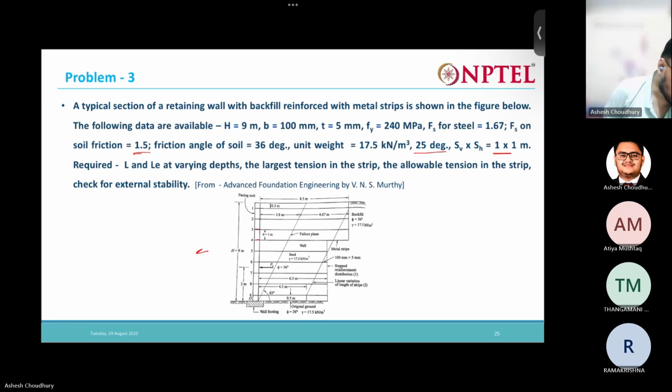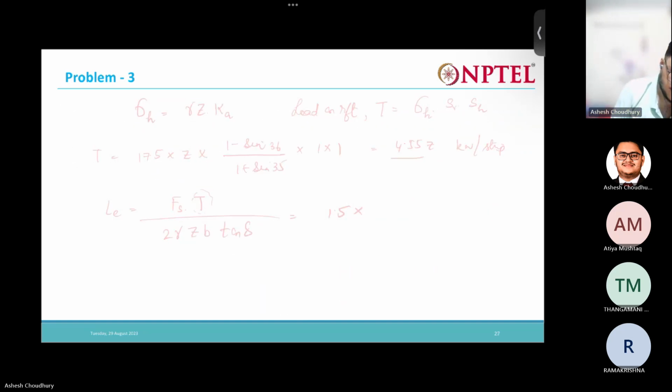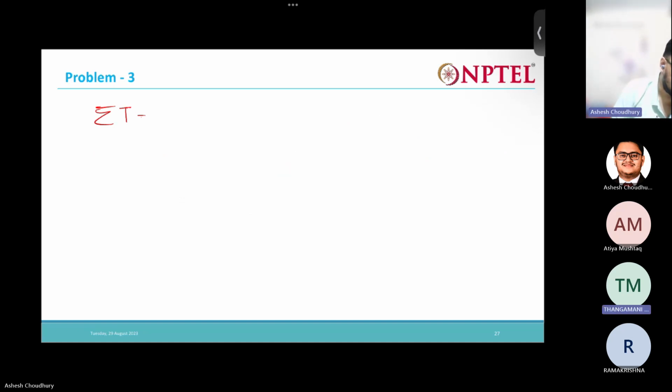What is the total tension that is coming? It is nothing but the sum of all the heights.